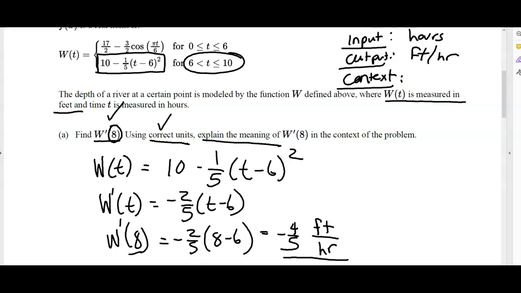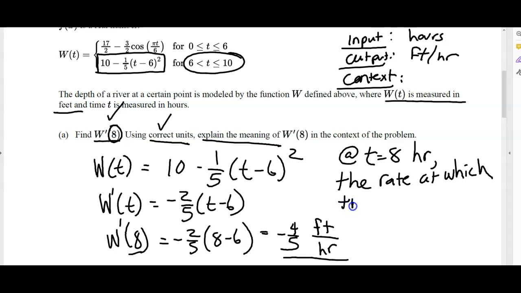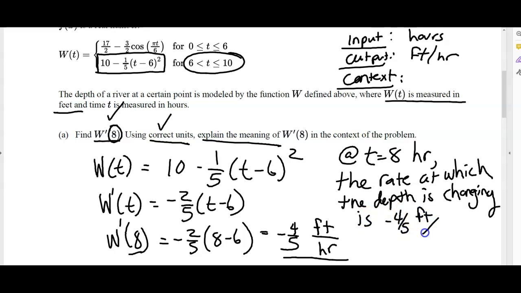And so what a proper explanation of this means would be the following. At t equals 8 hours, the rate at which the depth is changing is negative 4/5 of a foot per hour.